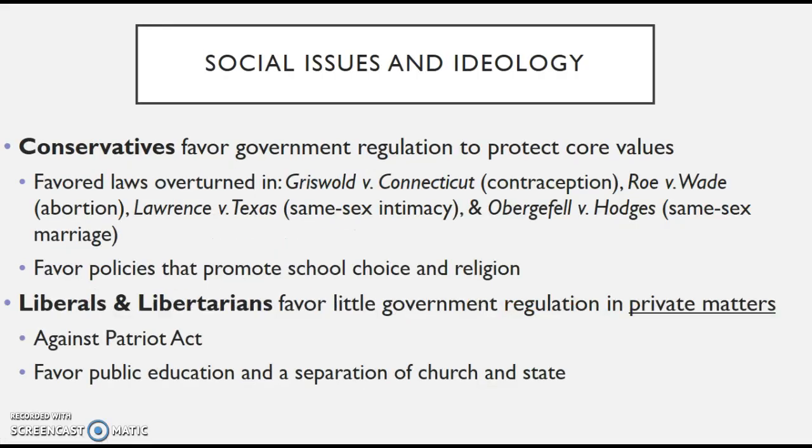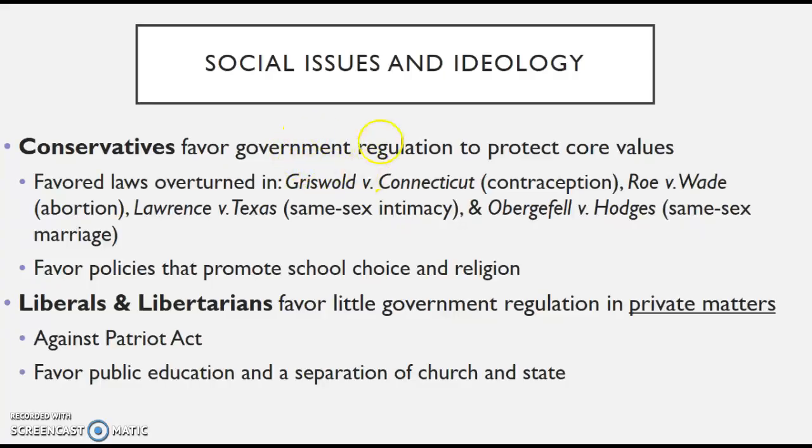In terms of social issues, this can also be a defining issue, as we talked about earlier in the video, where conservatives favor government regulation to protect core values. Now you'll be saying, wait, I thought they don't like regulation. Well, they don't like regulation on the economy, but certainly in certain social issues, they're going to favor regulation, meaning having laws.